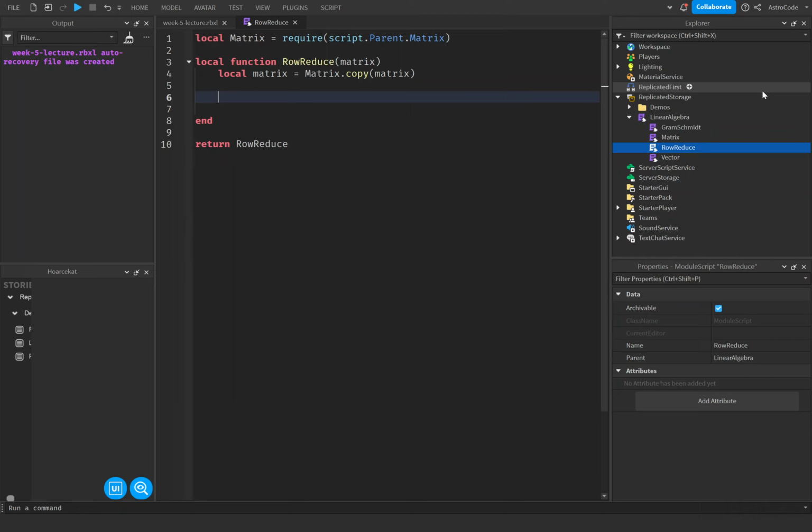So we need to keep track of the row and column of our pivot separately. Our pivot will begin at 1, 1, and we'll adjust it as we go. We're going to perform some code as long as our pivot is within bounds of our matrix.